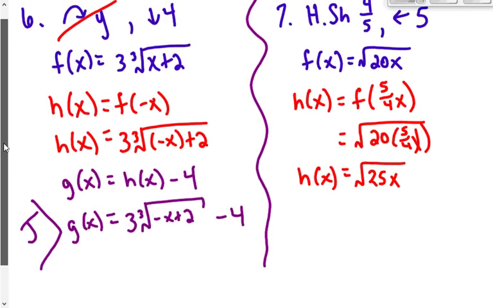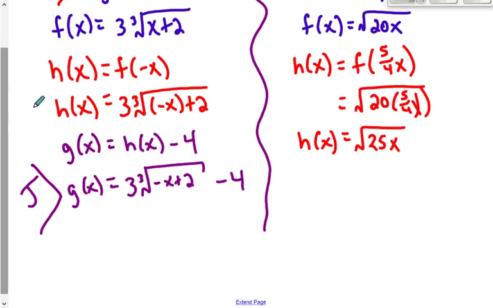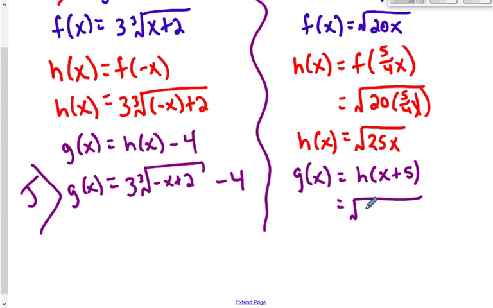Then we have left 5. Is that inside or outside? Plus or minus? So g of x is going to be h of x plus 5. Which means, here's where the second place you would have messed up probably. You have 25, and then in parentheses, x plus 5.